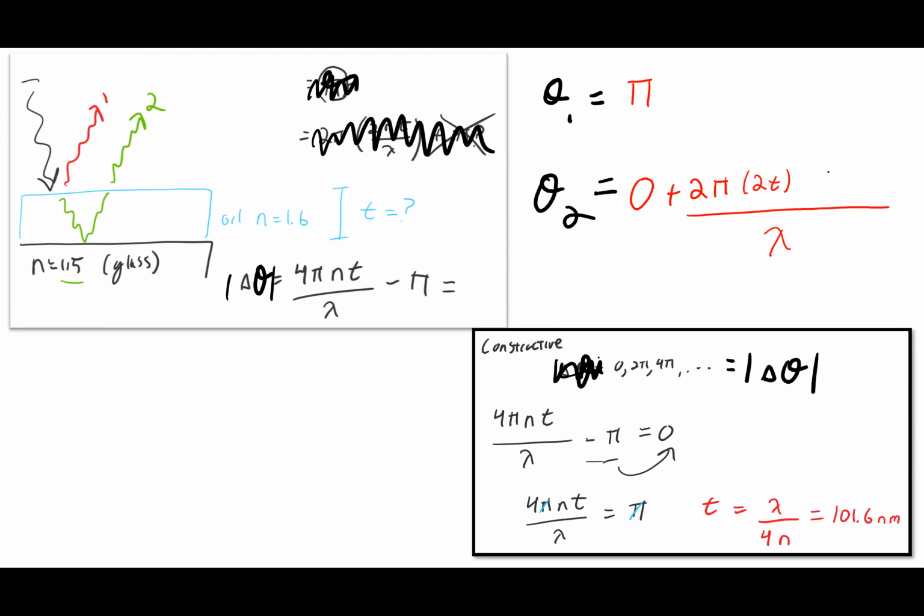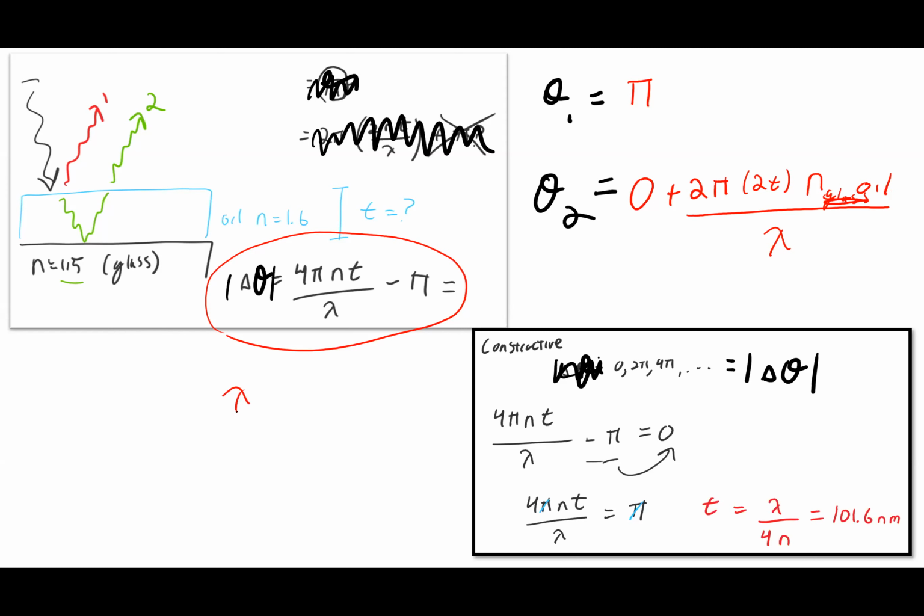But of course, the wavelength also depends on the index of refraction of the glass. So I arrive at a phase difference equation that looks like 4 pi times the index of refraction of the, sorry, not the glass, but the oil rather. Index of refraction of the film times the thickness over the wavelength.